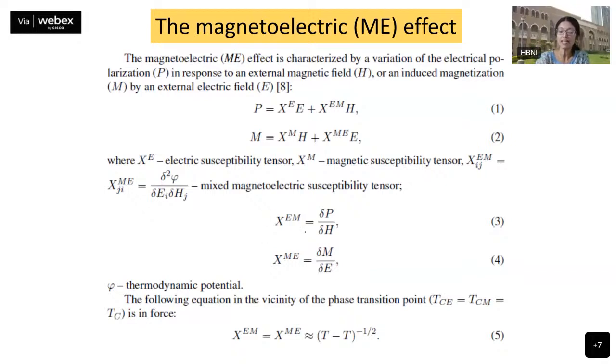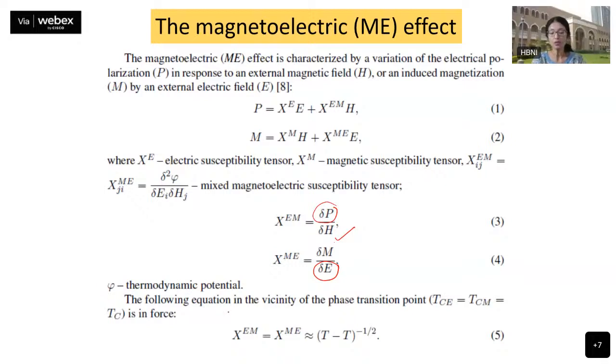So here chi EM is nothing but delta P by delta H, which is the change in your electric polarization due to a change in the externally applied magnetic field, whereas chi ME is the change in the magnetization due to a change in the applied electric field. And this phi over here is the thermodynamic potential.